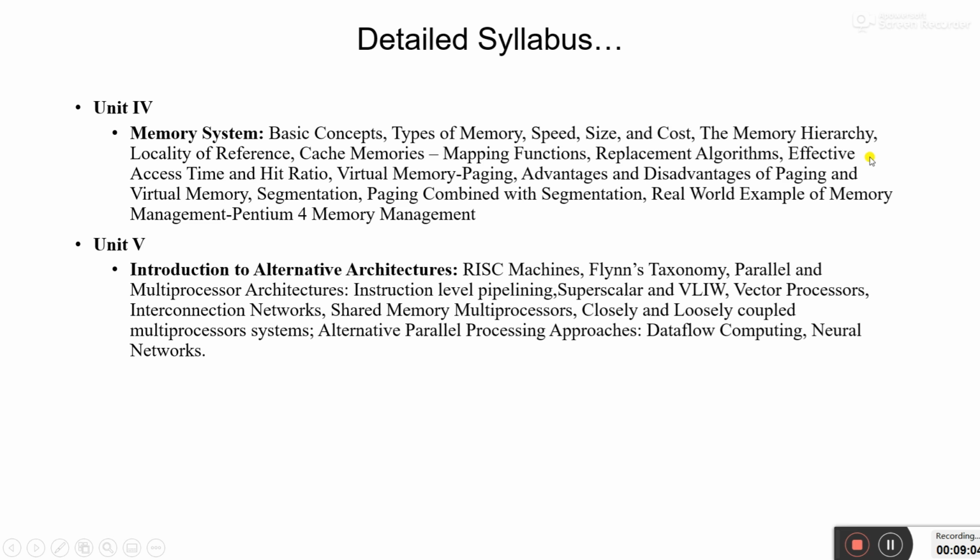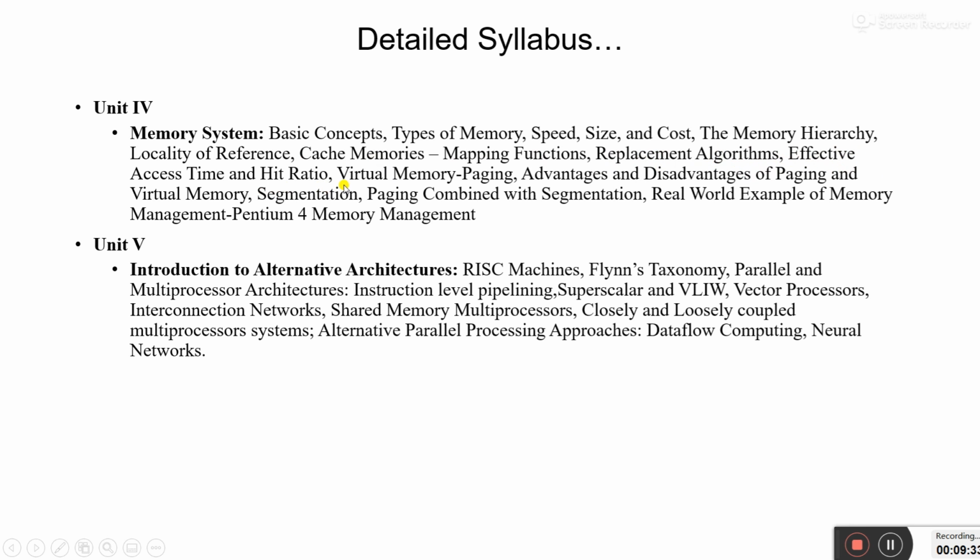The memory hierarchy is important: first the cache memory, then storage memory, SSD, hard disk drive, and optical memory. We will learn about this hierarchy, and locality of reference, cache memory, mapping functions, and replacement algorithms. There are some replacement algorithms for whenever we have to change our data.